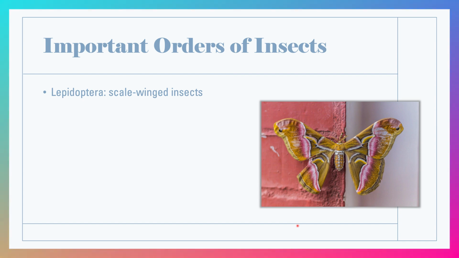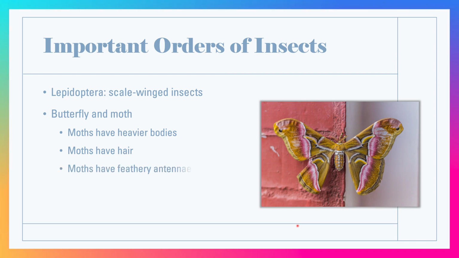Lepidoptera, or scale-winged insects, these are the butterflies and moths. This is actually a moth. You can generally tell moths because they have larger bodies. Moths also have hair on their bodies, whereas the butterfly has a smaller, more elegant looking body and has no hair. Moths also have, and you can actually see here, the sort of feathery antennae associated with their heads.